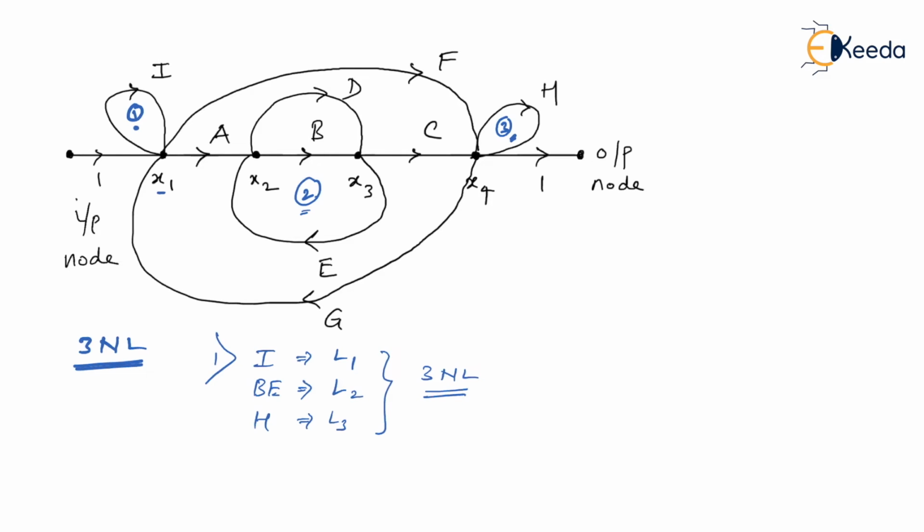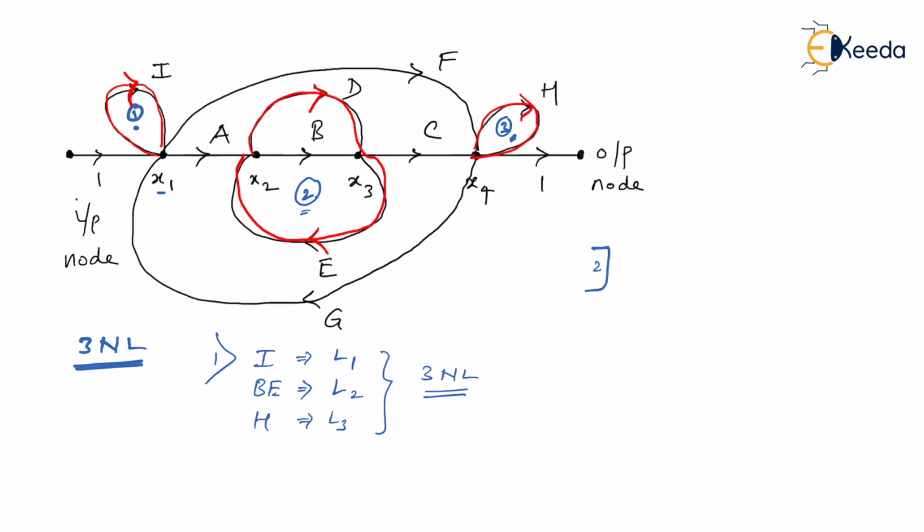Let us see if we have one more set. Now I'll show you. The first loop, observe I. The third loop, that is H. And there is one more loop, that is DE. As you can see, physically, these loops are separated and they are not touching each other. It means they are not sharing a common node.